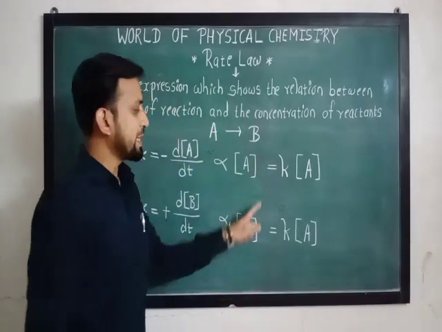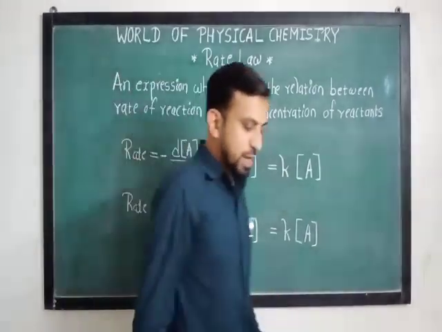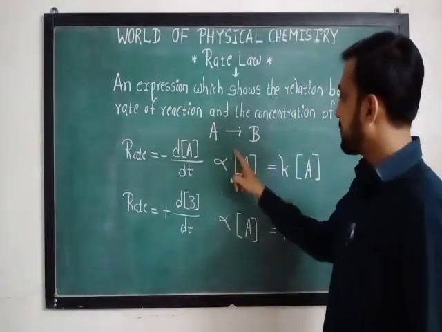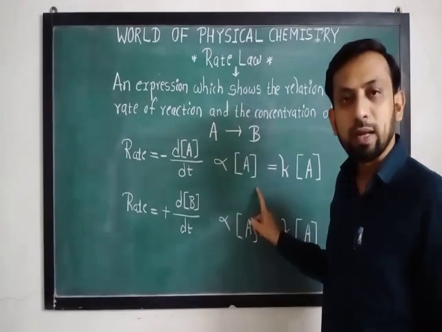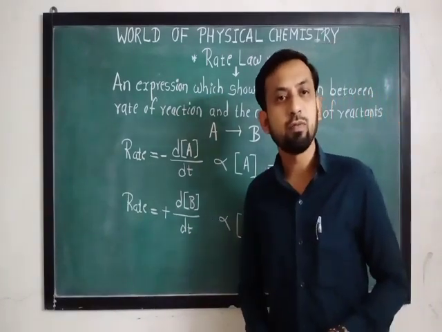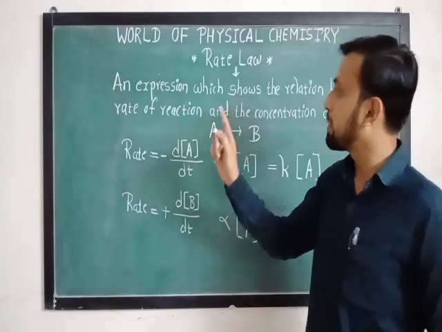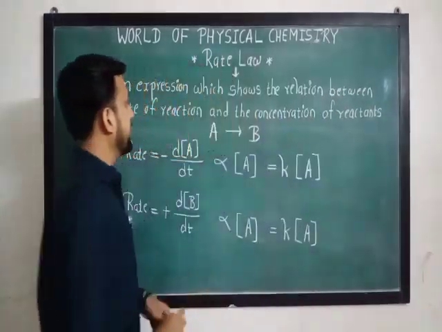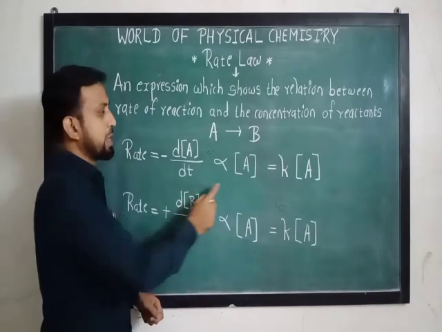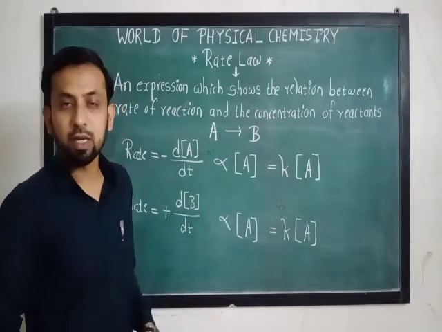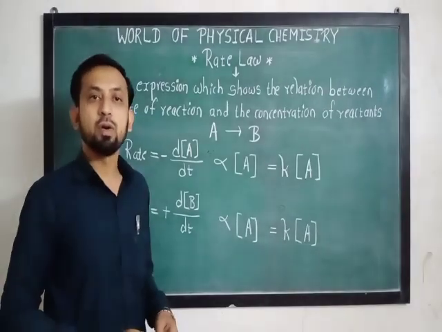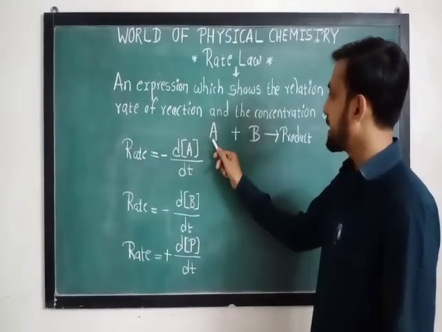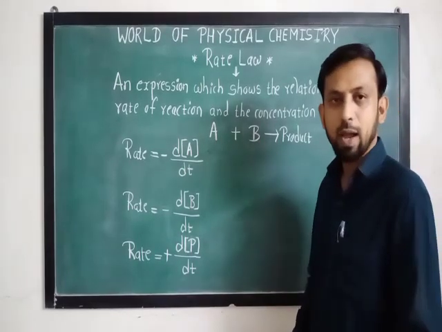From both these expressions, we can say that the rate of reaction is related with concentration of reactant, and it is nothing but the definition of rate law. That is, an expression which shows the relation between rate of reaction and the concentration of reactants is called rate law.